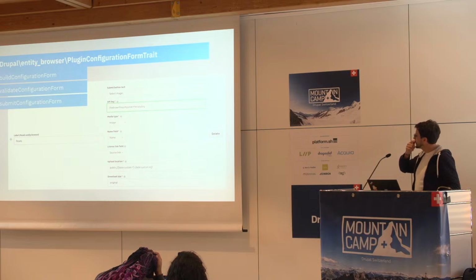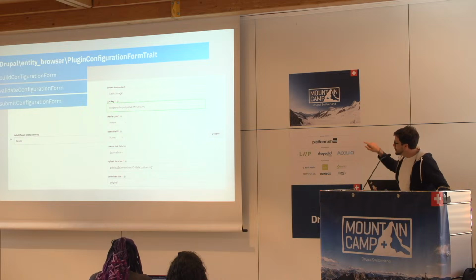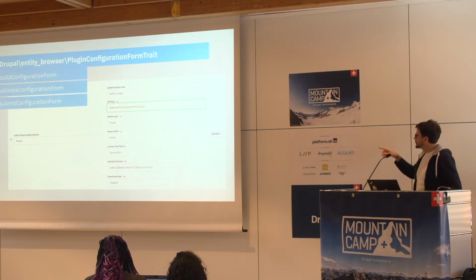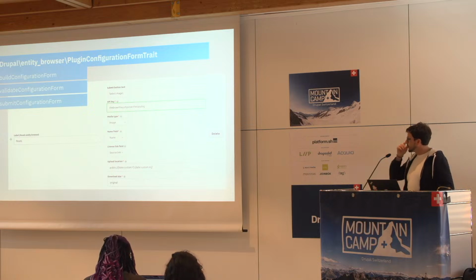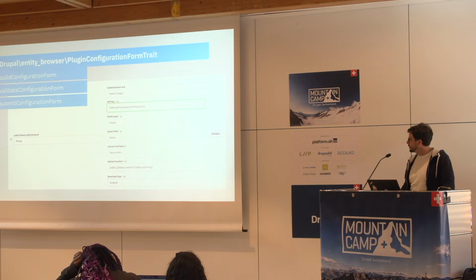For example, here we choose that we are going to create an image, and then the remote name field is going to map to the local name field on this bundle. License link field is going to map to source link, and so on. And then, for example, this is from Pexels, we also state here which size we are going to download.